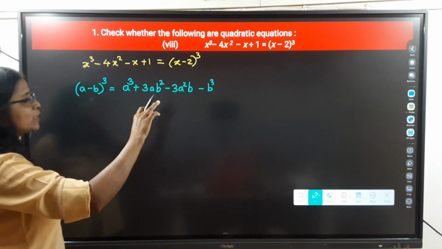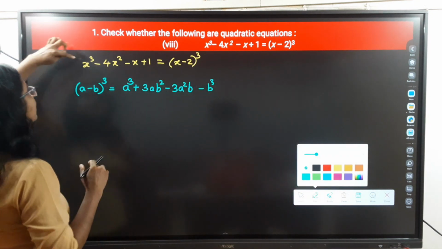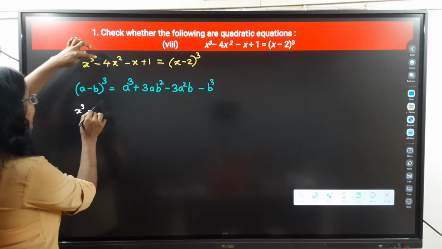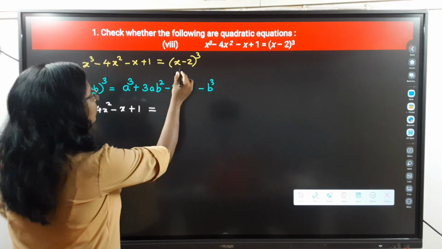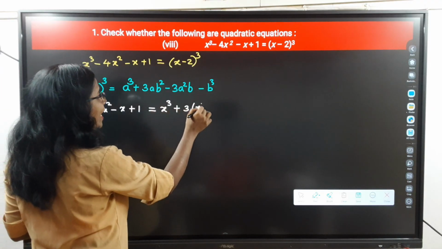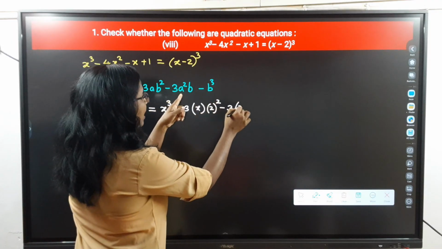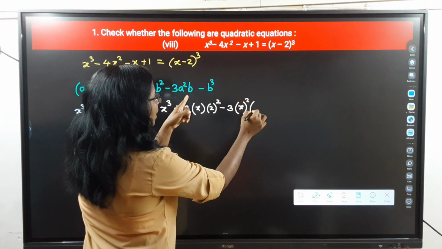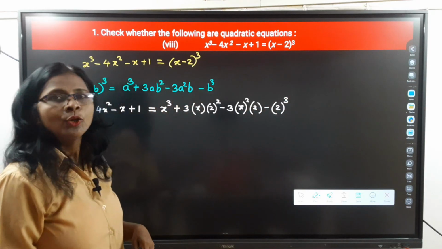So as per this expansion, I write down the further simplified equation. x cube minus 4x square minus x plus 1 is equal to x cube minus 3 multiplied by x square multiplied by 2 plus 3 multiplied by x multiplied by 2 square minus cube of 2.